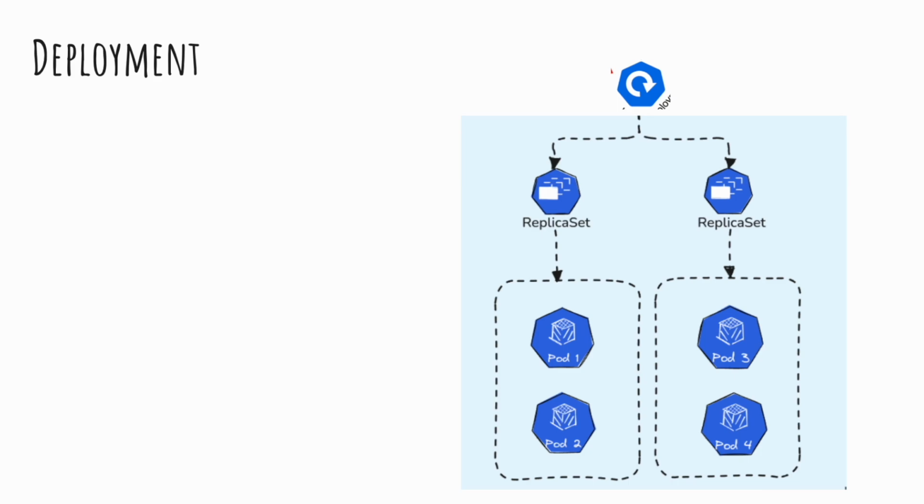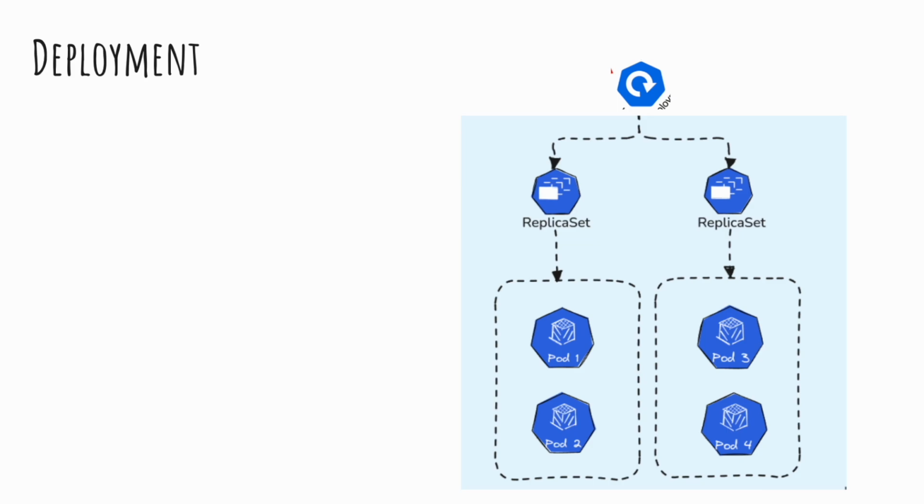And then rolling updates and rollback. For example, if you make changes in the application and release a new version, and you face some issues in the new version you deployed, you can roll back to the previous version using the deployment, because it keeps track of the versions you update.